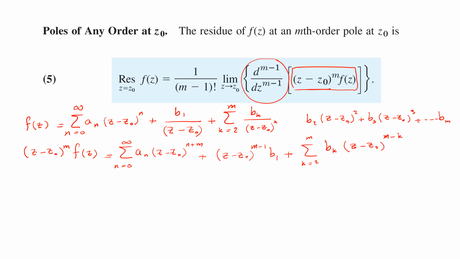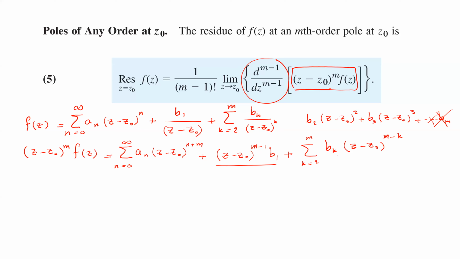The first derivative, this goes away, the next one becomes a constant. And this power becomes m minus 2. The second derivative, then the last one again goes away, and the next one becomes just this number.